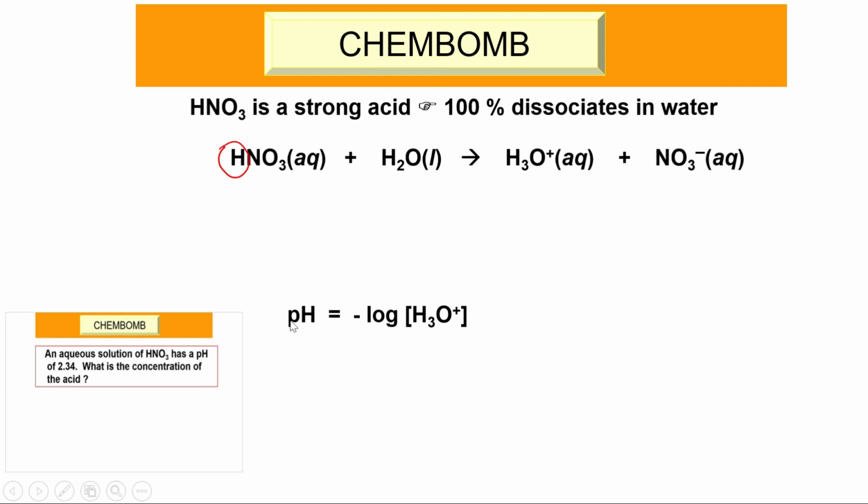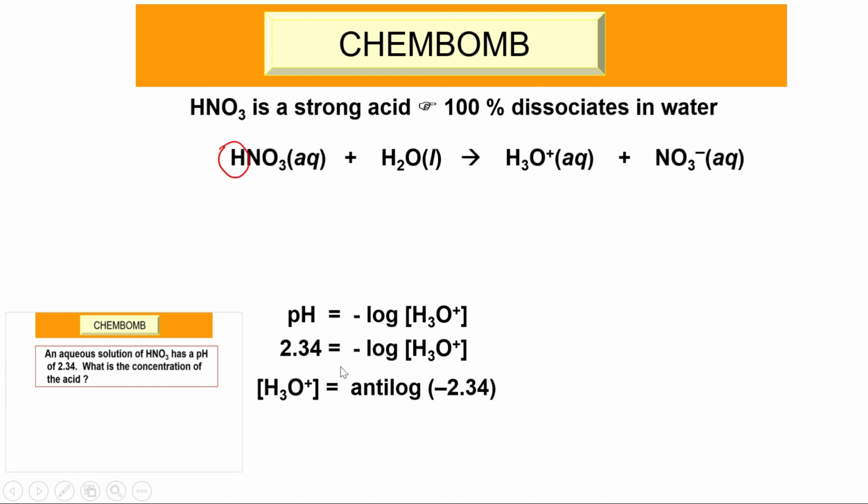From the pH equation, we can calculate the concentration of hydronium ion. Now substitute the value of pH and take the anti-log of negative 2.34. You are going to get the concentration of hydronium ion, which is equal to 4.57 times 10 to the power of negative 3 molar.